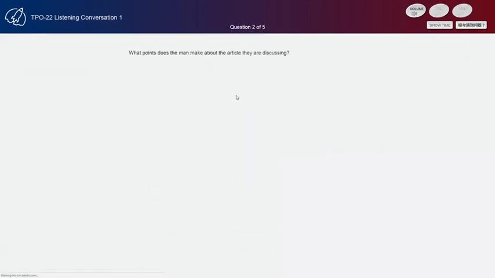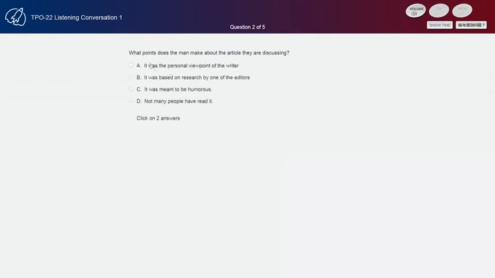What points does the man make about the article they are discussing? It was the personal viewpoint of the writer. Yeah, he stated that. Variety of viewpoints.